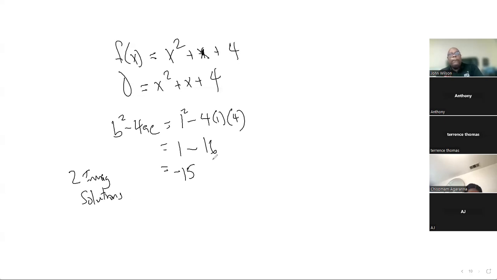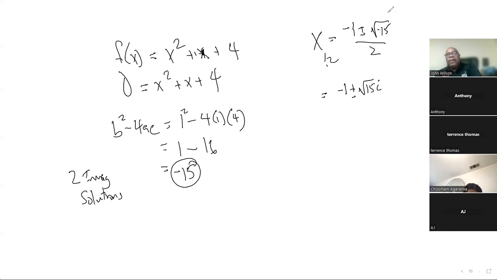Okay? So that means that my quadratic formula, x1 and 2, is minus b, which is 1, plus or minus the square root of minus 15, which we got right here, all over 2. So then we get minus 1 plus or minus square root of 15 times i, right?